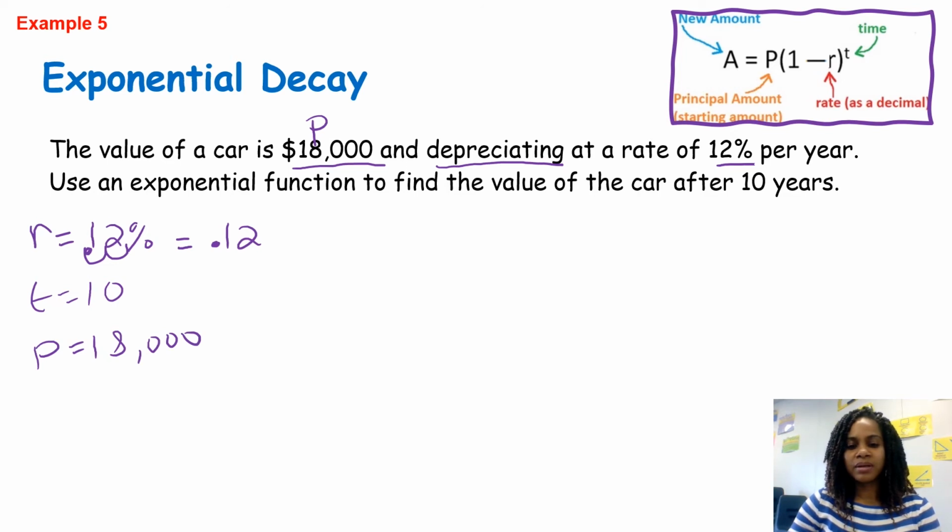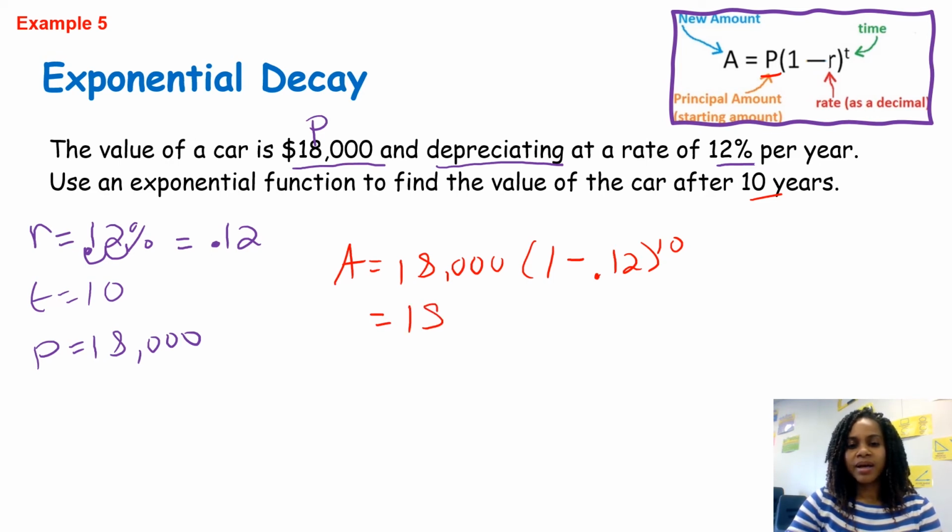So plugging it in, that equals 18,000, which is P, times 1 minus 0.12, and raised to the 10th power because T is time, so 10 years. 18,000, simplifying that, 1 minus 0.12 is 0.88, raised to the 10th.